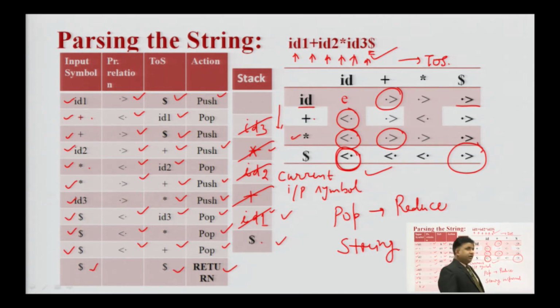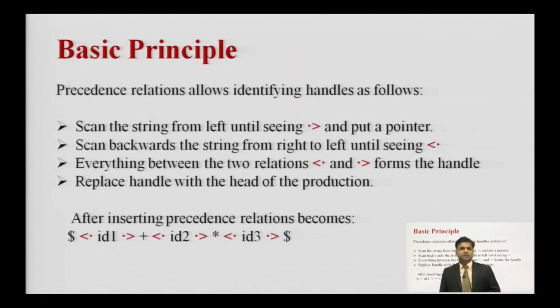So this job can be done very easily with the basic principle. The basic principle of the precedence relation for parsing the string is that we start the string, suppose this is my ID 1 plus ID 2 into ID 3. My first step is, scan the string from the left until seeing higher precedence and put a pointer.